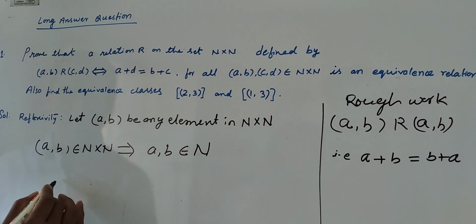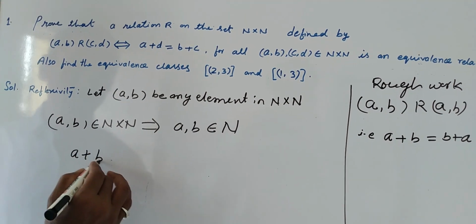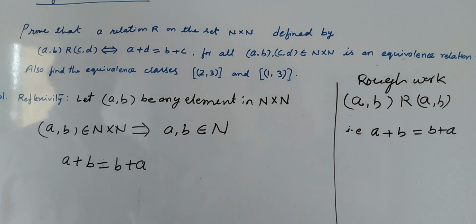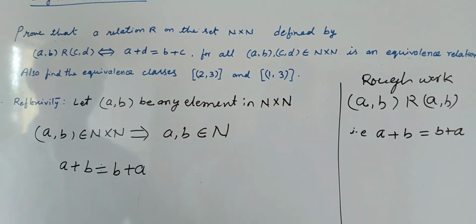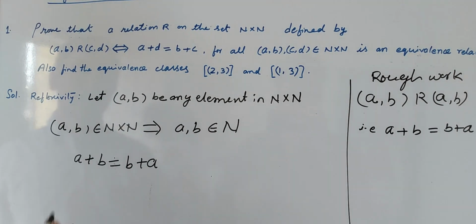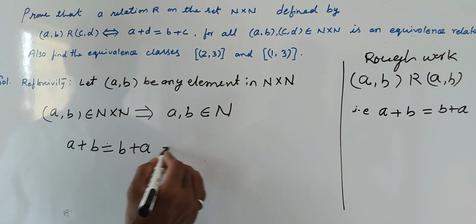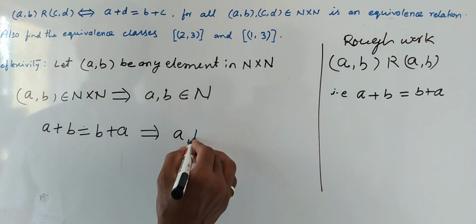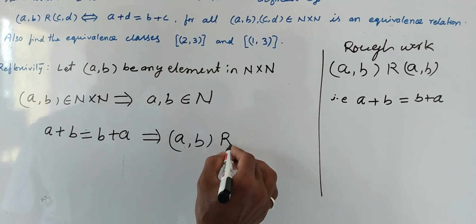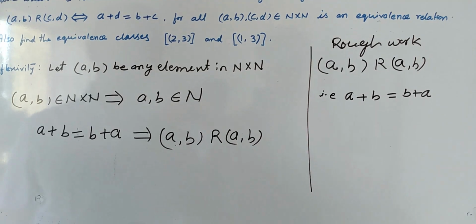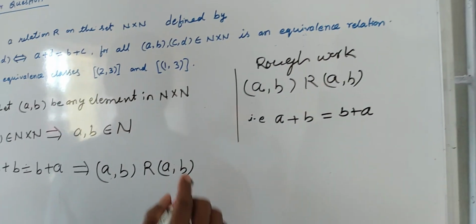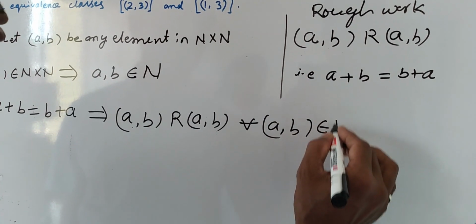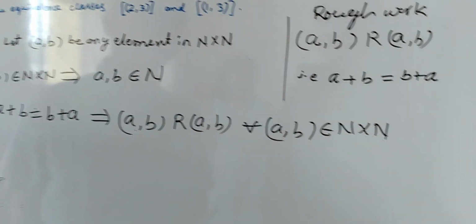So we can write a plus b is equal to b plus a, because of commutativity of addition on natural numbers. So this is true. This implies, reading in reverse, (a, b) is related to (a, b). So (a, b) is related to (a, b) for all (a, b) belonging to N cross N.